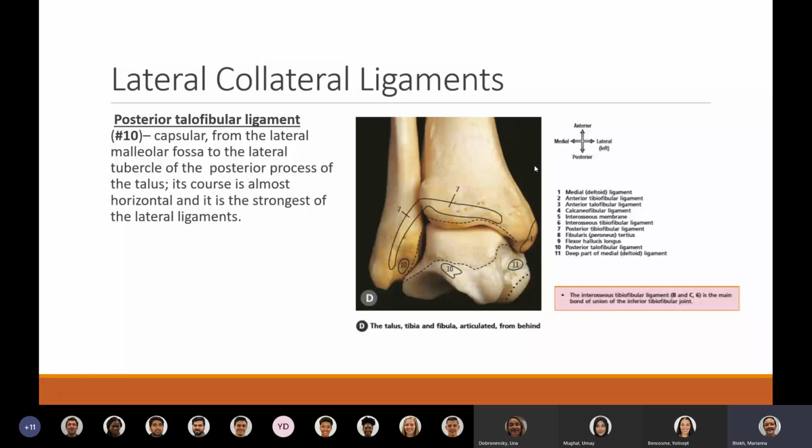So they'll ask you, what's the order of injury as far as ligaments? For an inversion sprain on the lateral side, your ATFL will get injured first. Then it's your calcaneofibular, and the last one, if it's going to be injured, is your posterior talofibular. Usually it's not, because it's pretty strong, but the most common you see on MRI after a lateral ankle sprain would be your ATFL and CFL.